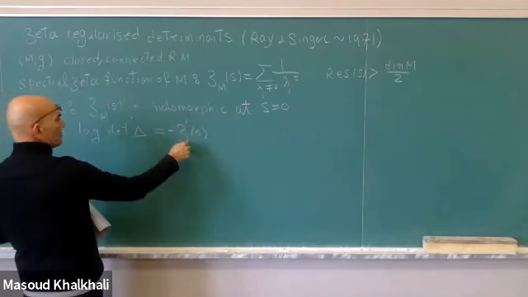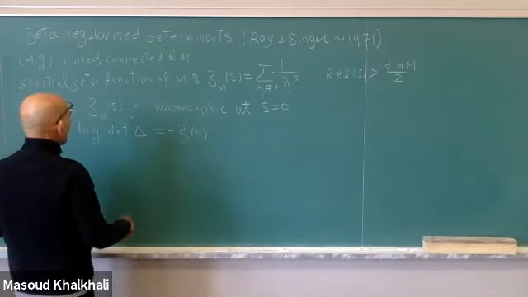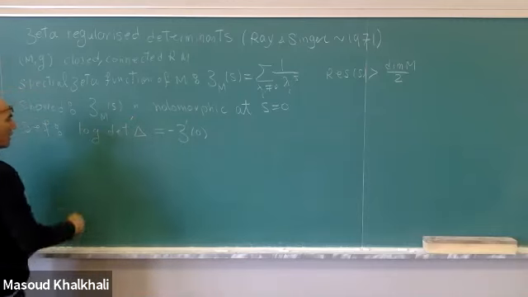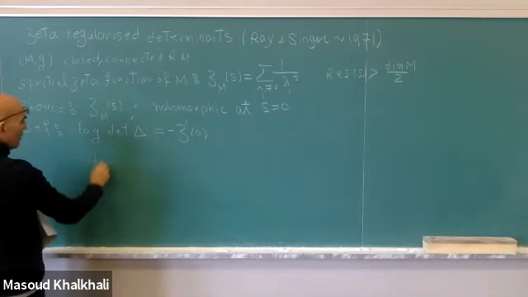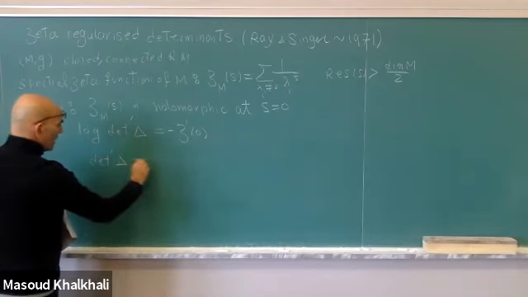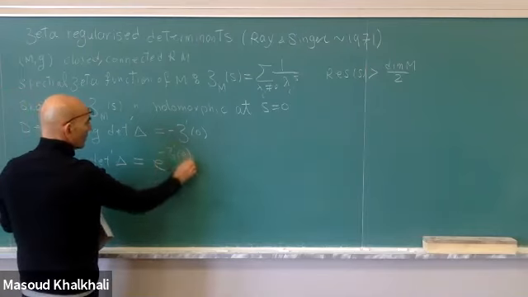So you take the derivative of zeta at 0, which we know exists, and this is log det. So the det prime itself is, of course, exponential of minus zeta prime.